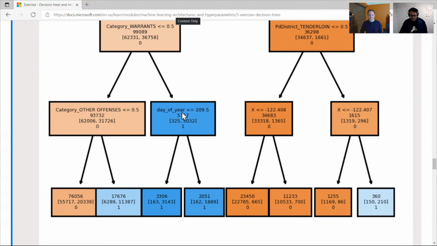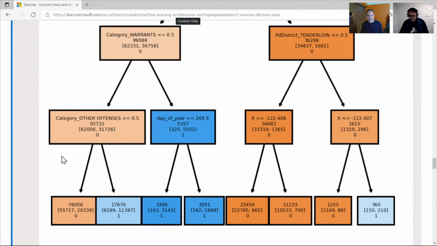And this one here, strangely, if the day of the year is less than 209, then it's likely to be resolved. And that's what the color coding is too, by the way, folks. You'll notice that orange versus blue correlates with whether that bucket is a largely resolved bucket or a largely unresolved bucket. Exactly. And that just drills down.